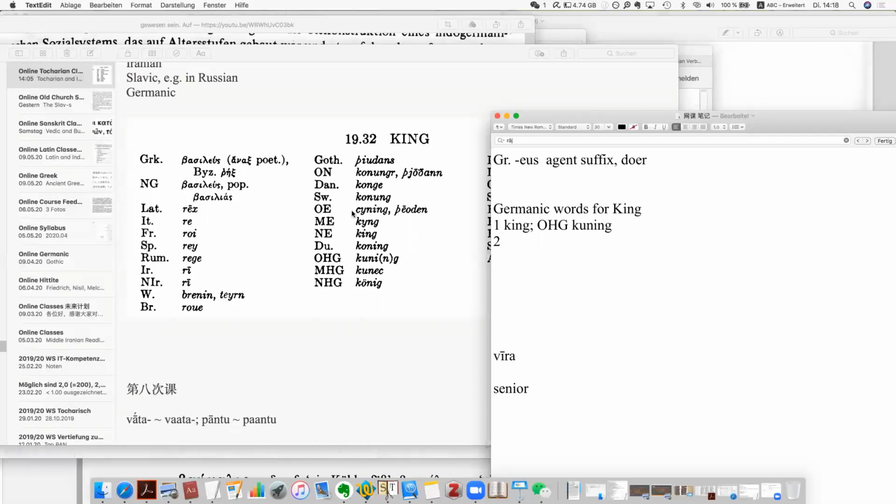Also in Old English, you have Kooning, and so on. The second group is this word, students. This is a Gothic word, and also Old Nordic called Susan.